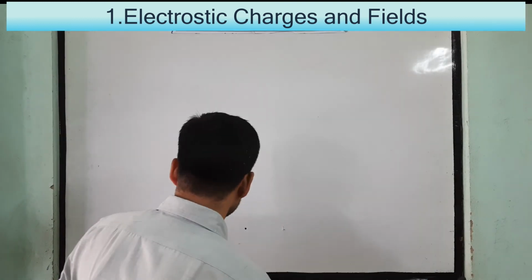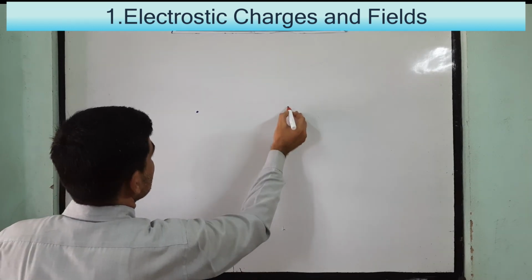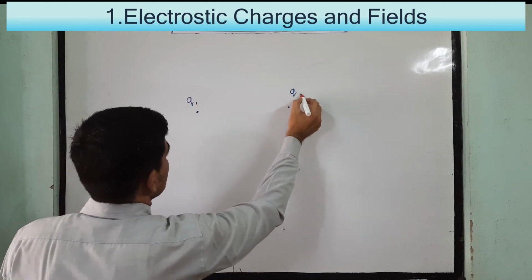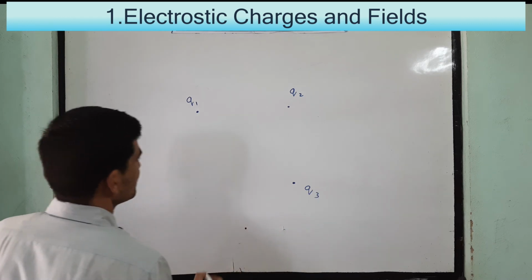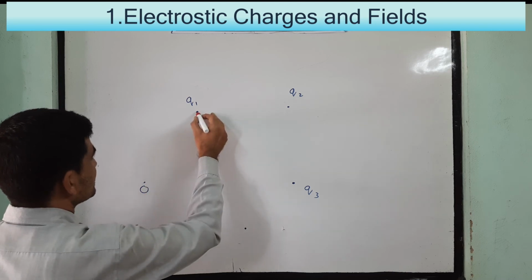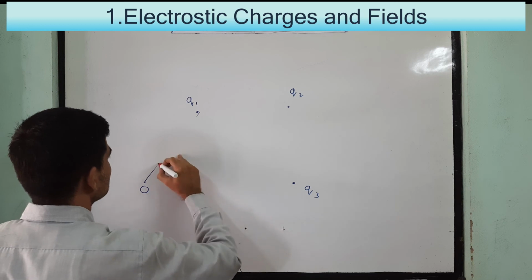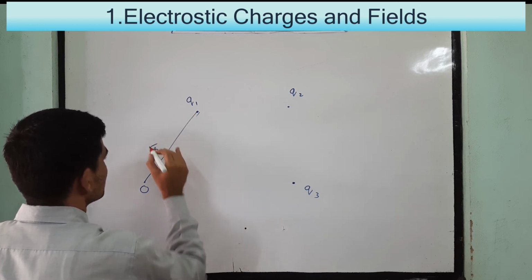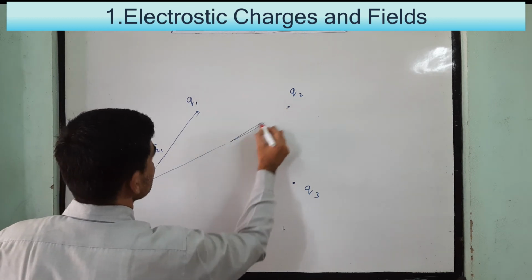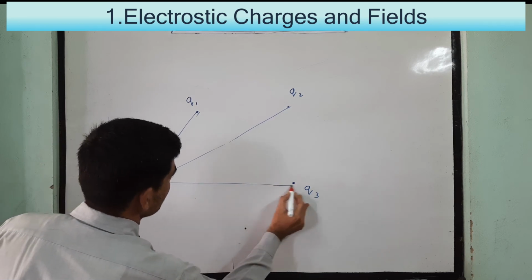Suppose we have three charged particles q1, q2 and q3. Here is the origin, and the position vector of q1 is r1, the position vector of q2 is r2, and similarly the position vector of q3 is r3.